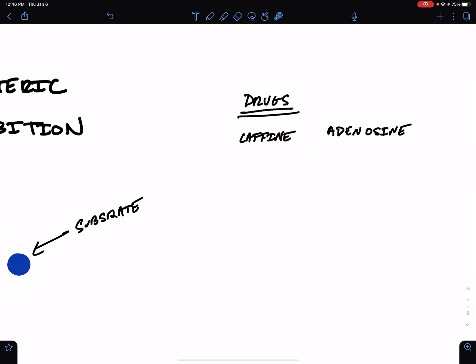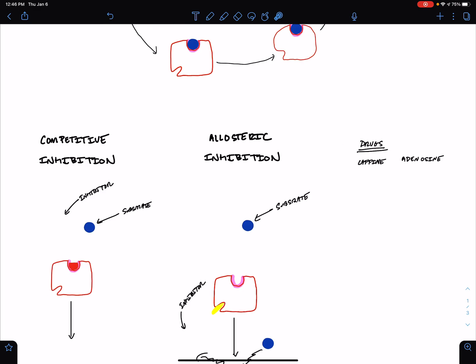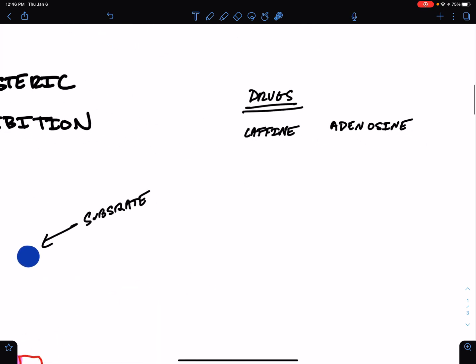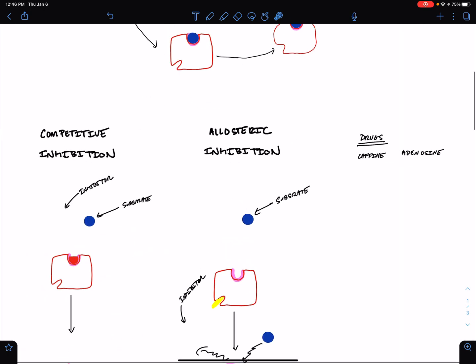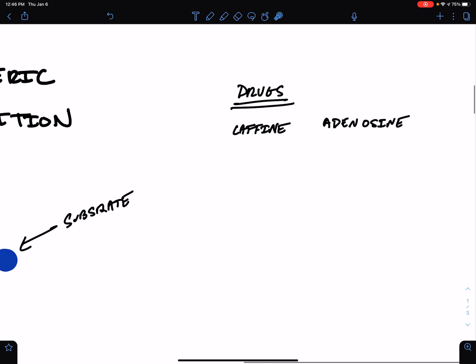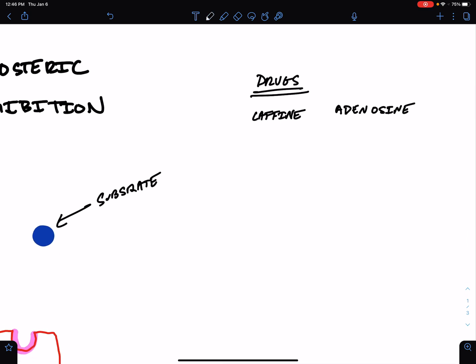But caffeine is a drug that mimics adenosine and will come in and bind to this fatigue receptor and prevent you from feeling fatigue. So drugs are often inhibiting enzymes, and that's why we use them.